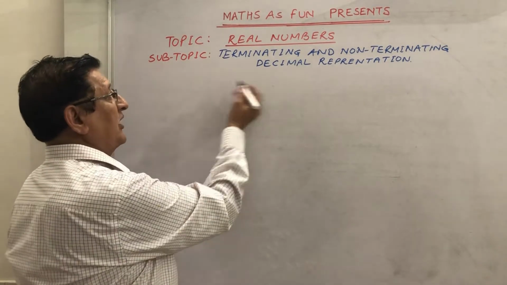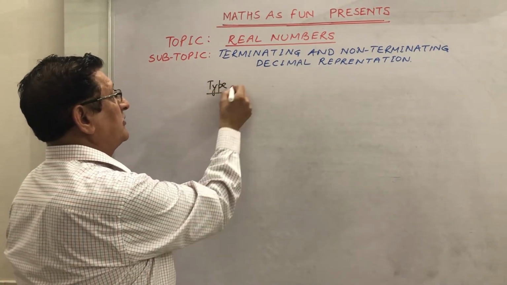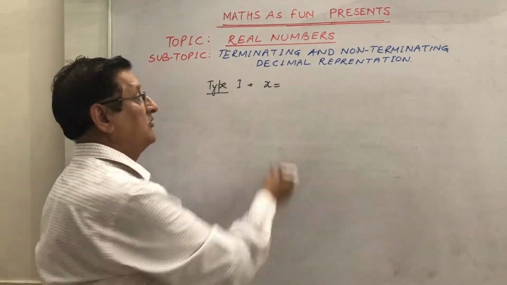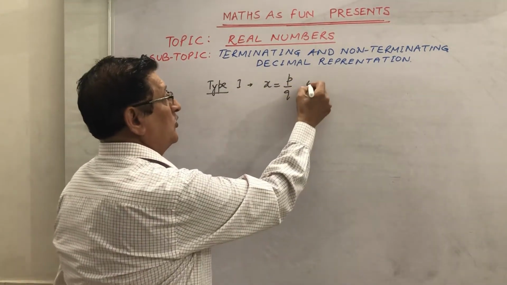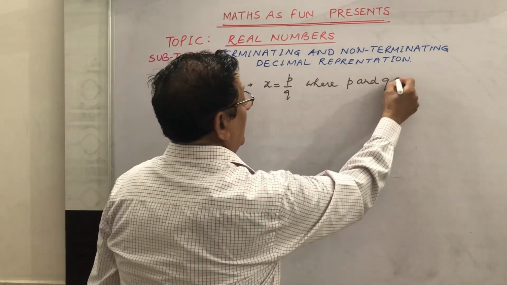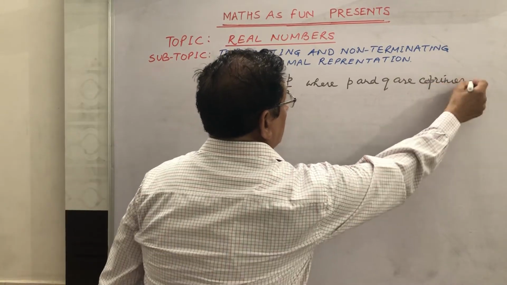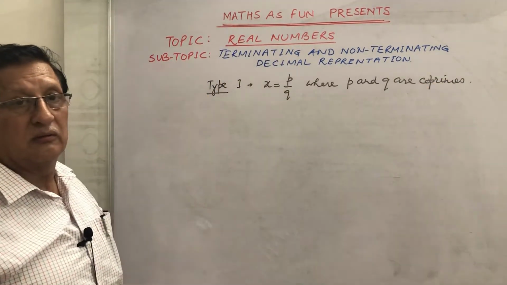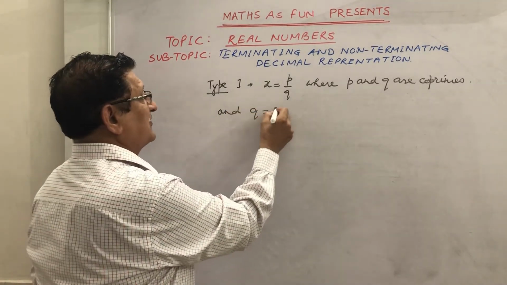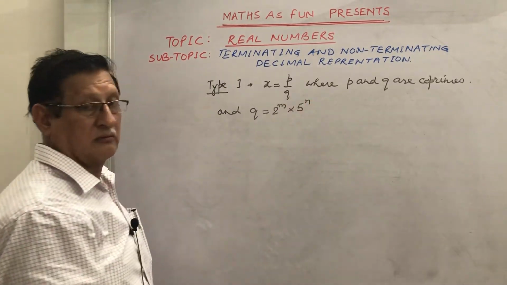In this we will have two types of rational numbers. Type 1: x is a rational number which is p upon q, where p and q are co-primes. And we find that q is in the form of 2 to the power m into 5 to the power n.